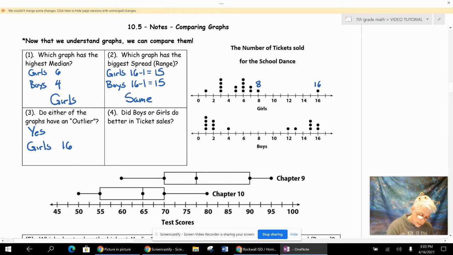This dot represents 7. There's 2 7s here, so this represents 14. This dot represents 1, 2, 4 6s, so it represents 24. This represents 10. This is 3, 6, 9, 12, and this represents 1.